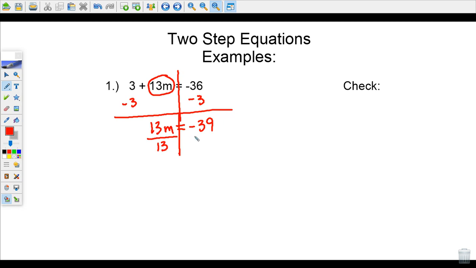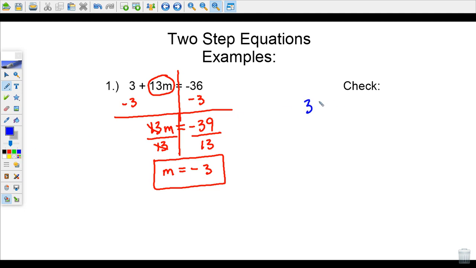And whatever I do to one side, I do to the other. The 13s will cancel and just leave m. Drop down my equal sign. Negative 39 divided by 13, that's a negative divided by a positive, so I know my answer is negative. 39 divided by 13 is 3. m equals negative 3. Now let's check it.